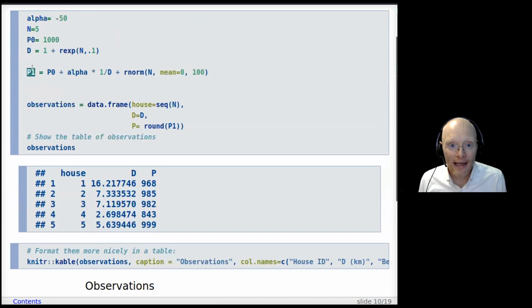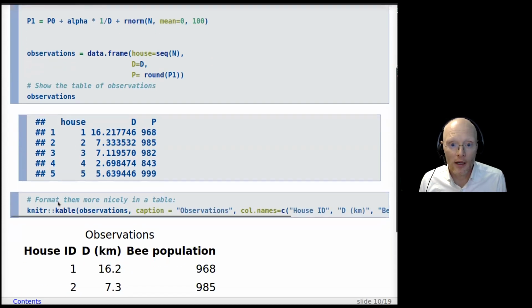And so I calculate now all of the hive populations at the end of the year. This is going to give me a list of 5 numbers. And because I'm going to have to write a report up at the end of the term for this project, let me put these data into a nice table so I can make something called a data frame with these different values, and get the hive ID and the distance and then this final population all together in a nice table. And I can actually format that table a bit more nicely.